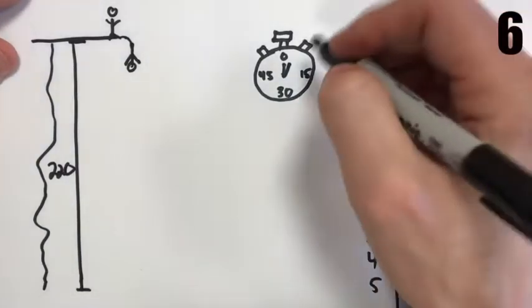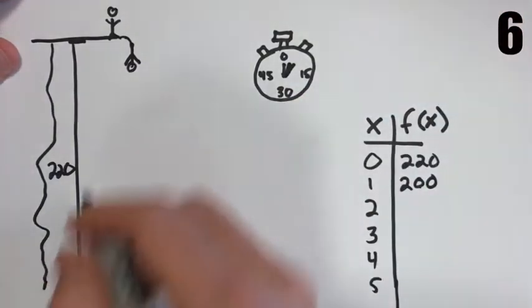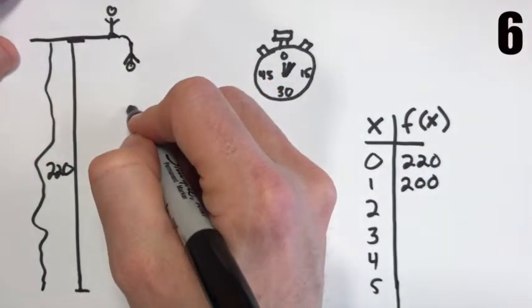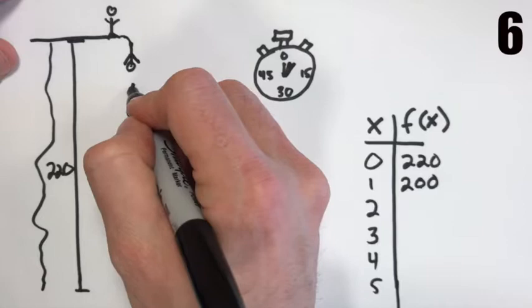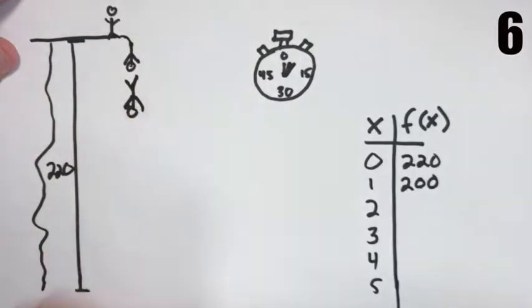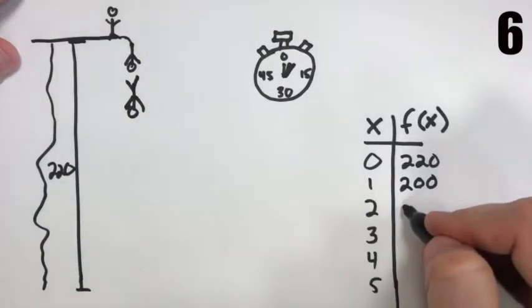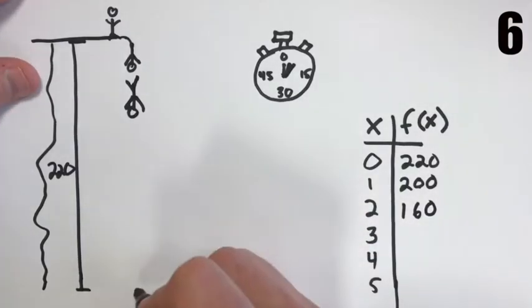200 feet. After 2 seconds, the person's plummeted a little bit further. After 2 seconds, they're at 160 feet off the ground.